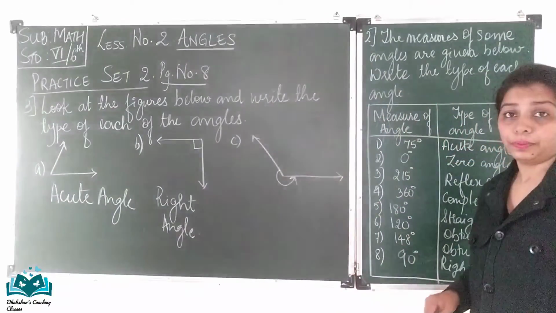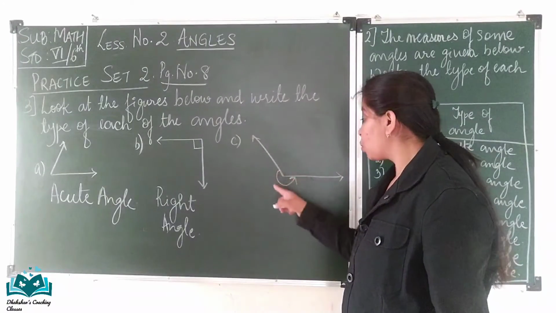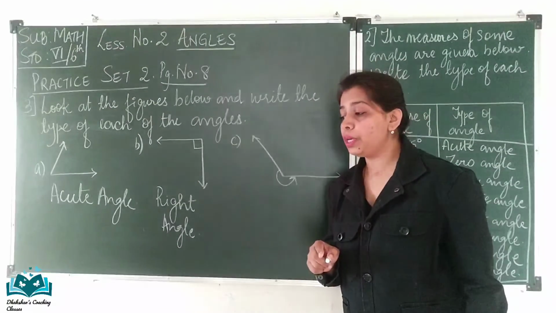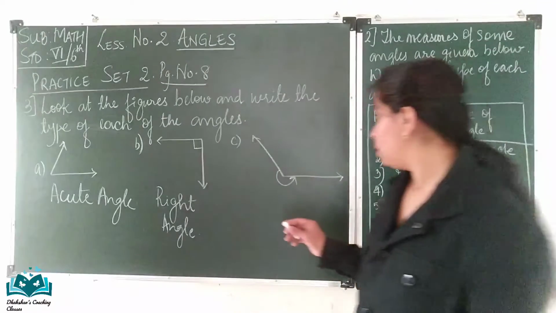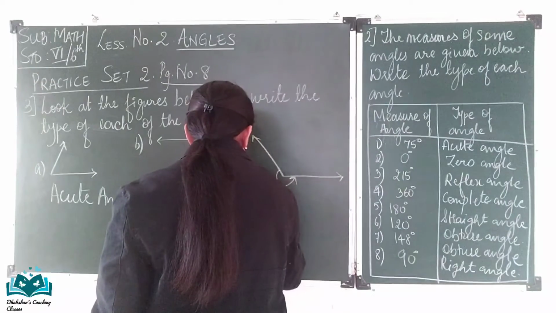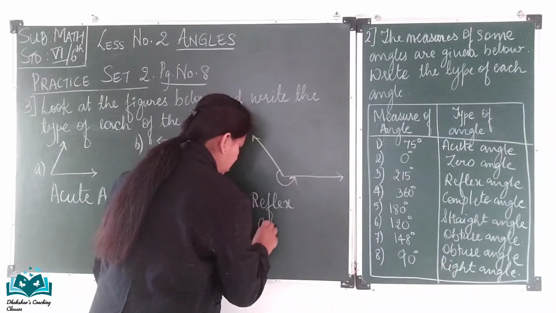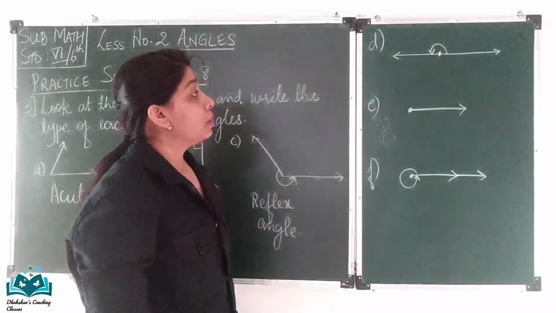The third figure, the arrow is showing in the downward direction. So it will be your reflex angle. The third one is your reflex angle.